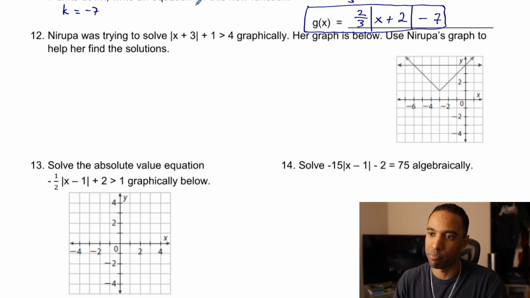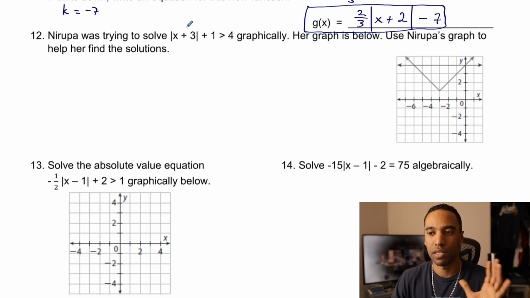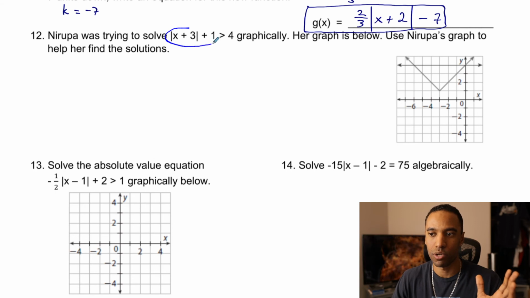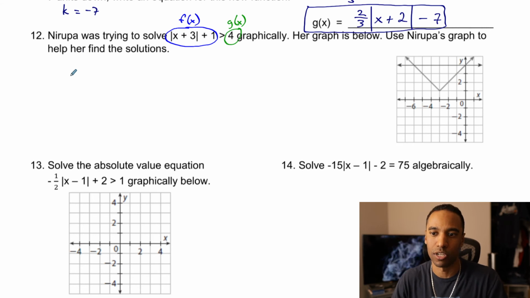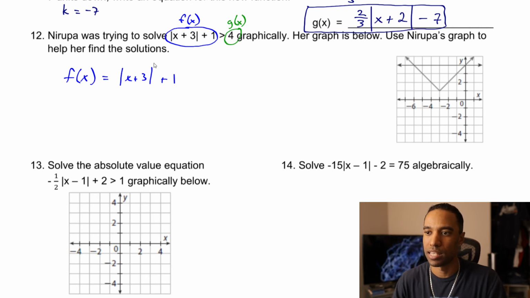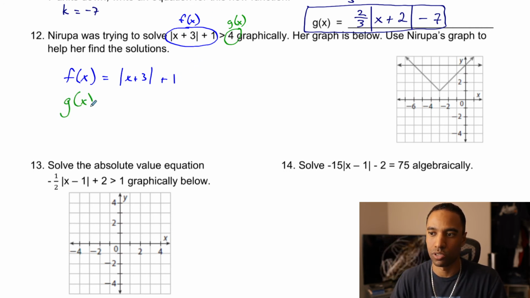Let's confirm the graph makes sense. If you saw my previous video, you know what we're going to do here is we're going to treat this as one thing to graph and this as another thing to graph. They're both y equals things, so we've got to give them different equations. So y equals absolute value of x plus 3 plus 1, and then the other one is y equals 4.